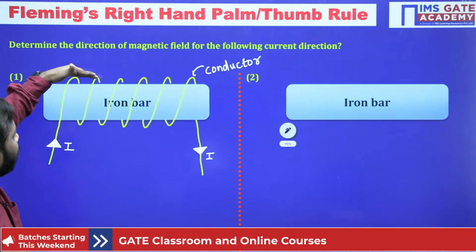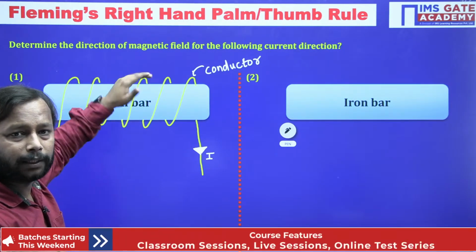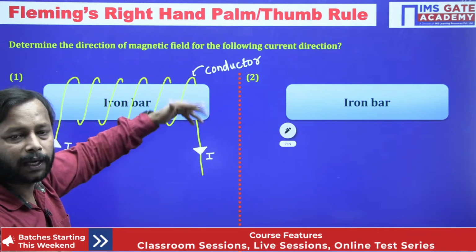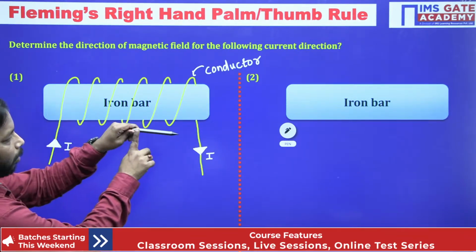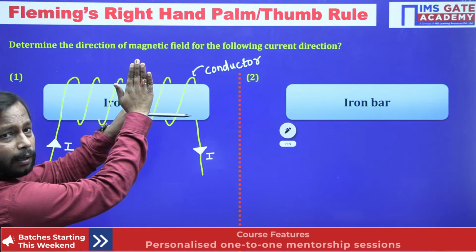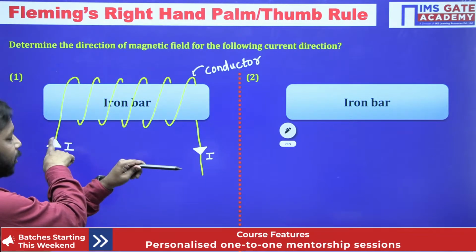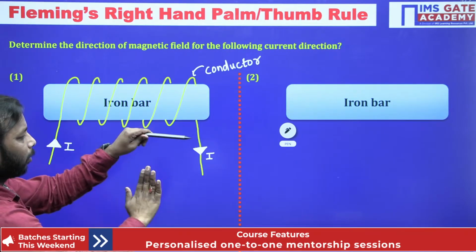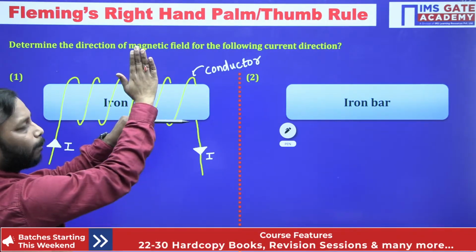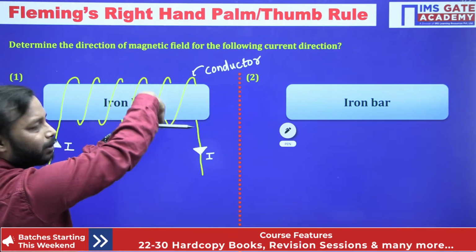The part of the conductor which is not visible means it is behind the bar. So see, it is visible and it is going backward, and in the direction of current, you will have to see it. It is going upward, and from the back side it is coming downward.